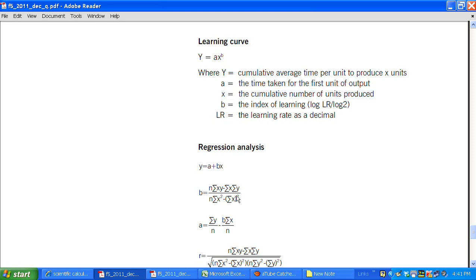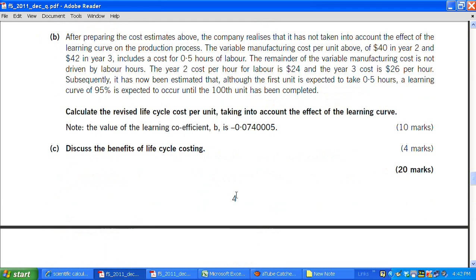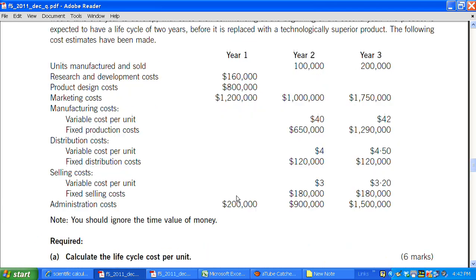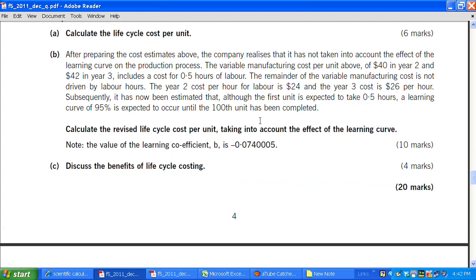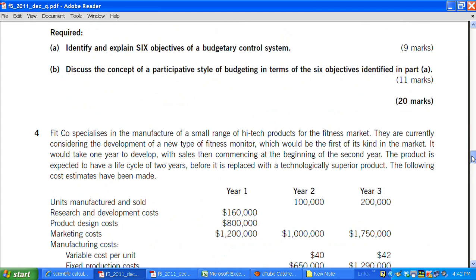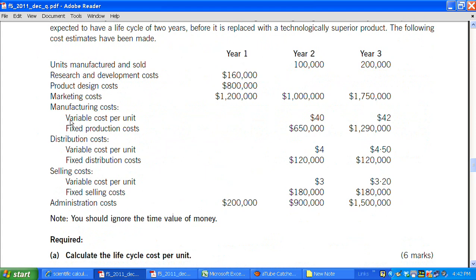Okay, so back to the question. What do they want us to do? So I'm assuming you've already read through the question, but what they're trying to tell us is the variable manufacturing cost above. Where is the variable manufacturing cost?